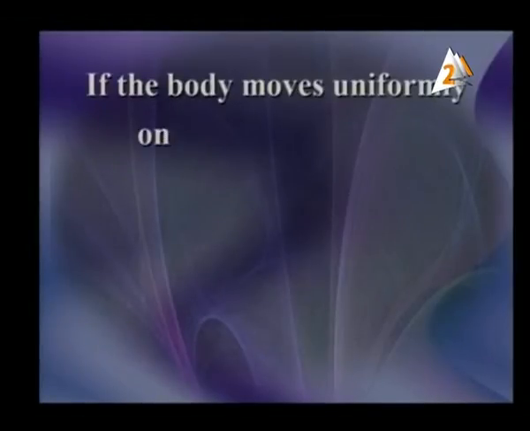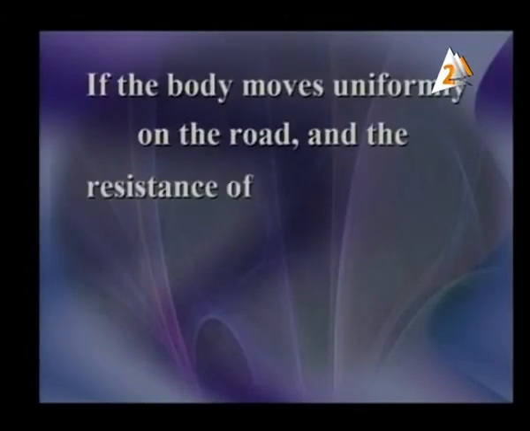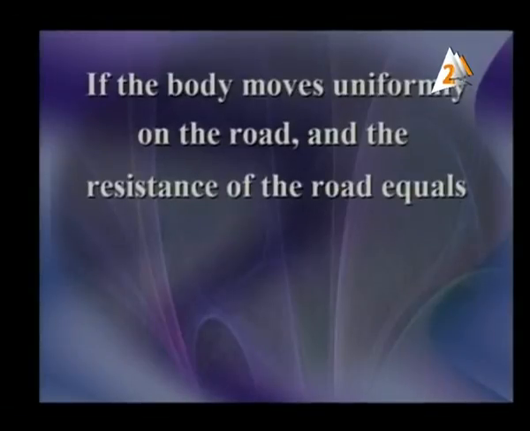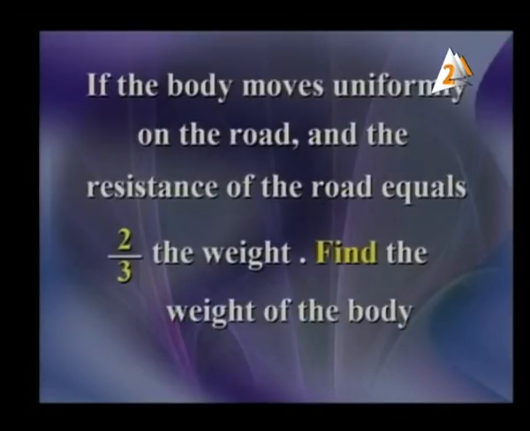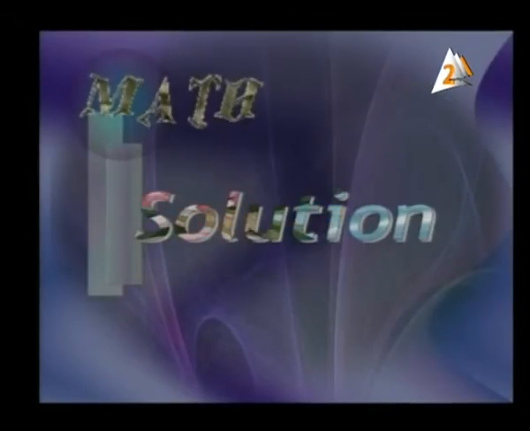If the body moves uniformly on the road and the resistance of the road equals 2 over 3 the weight, find the weight of the body. Dear students, let's go to the solution.